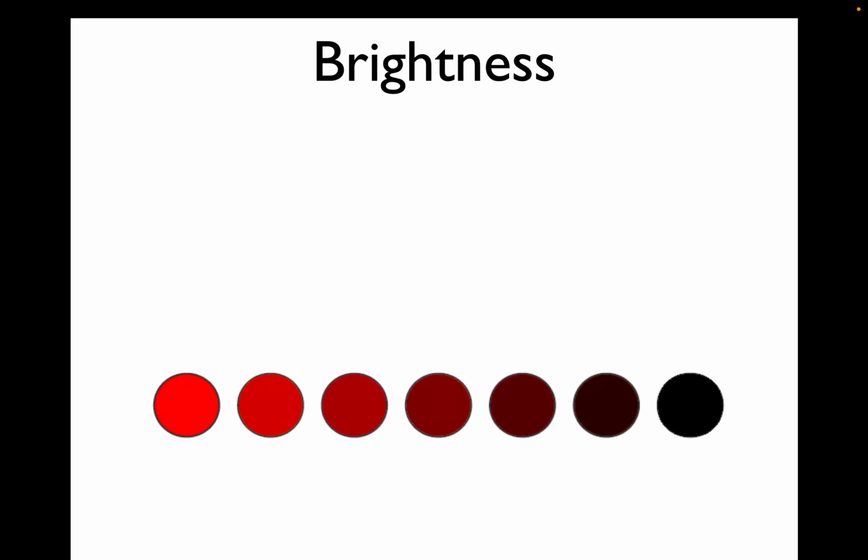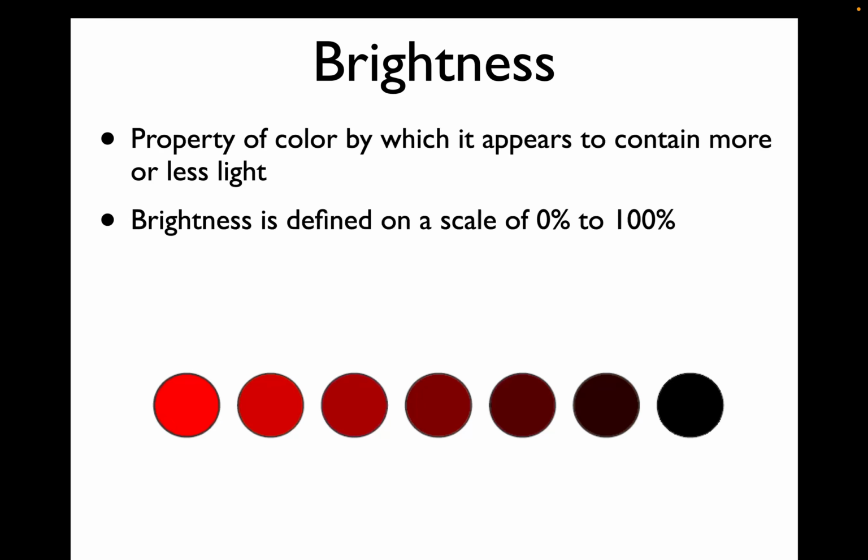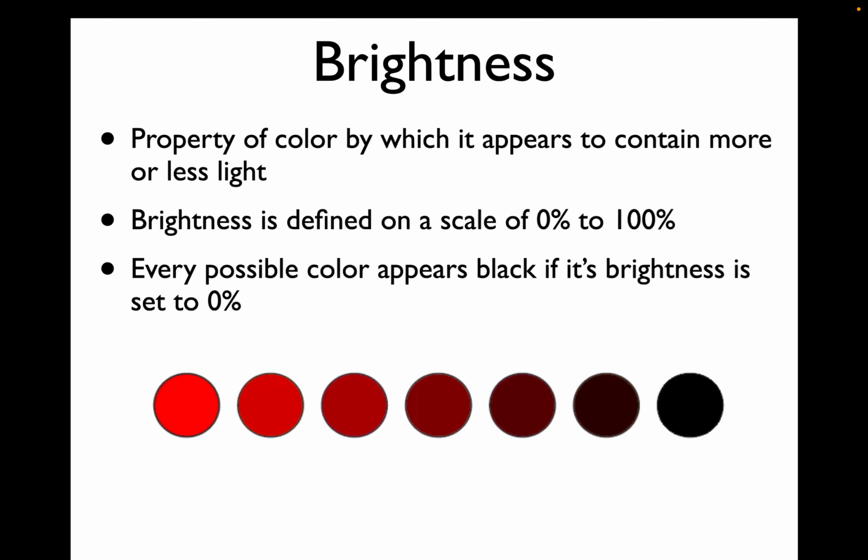It's the hardest one for everybody to think about. But brightness is the property by which the color appears to contain more or less light. We can go from our maximum brightness, which would be the pure red, all the way to a black red. That's what that 0 to 255 is about. 0 is going to be the black red, 255 would be the pure red. So anyway, brightness is also defined on a scale of 0 to 100%. Every single color that there is will appear black if its brightness is set to 0.